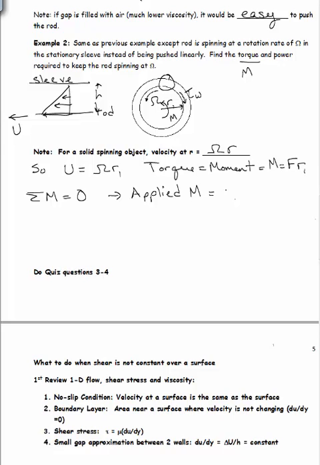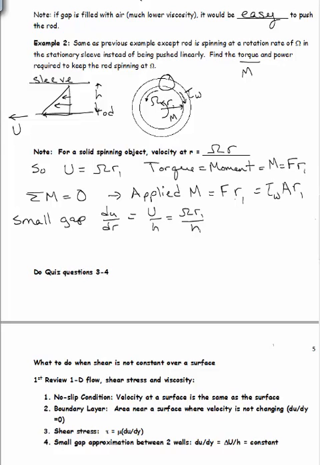And our shear stress moment is going to be our total force due to that shear stress around that thing, times that distance, R1. Okay, and that's going to equal tau at the wall times A times R1. Okay, so for our small gap, because this is still a small gap, we're going to say our du dr equals u over h, and our u is omega r1 over h.